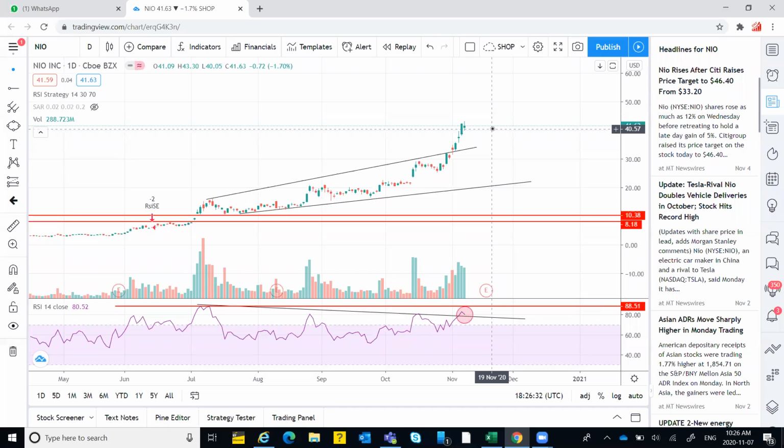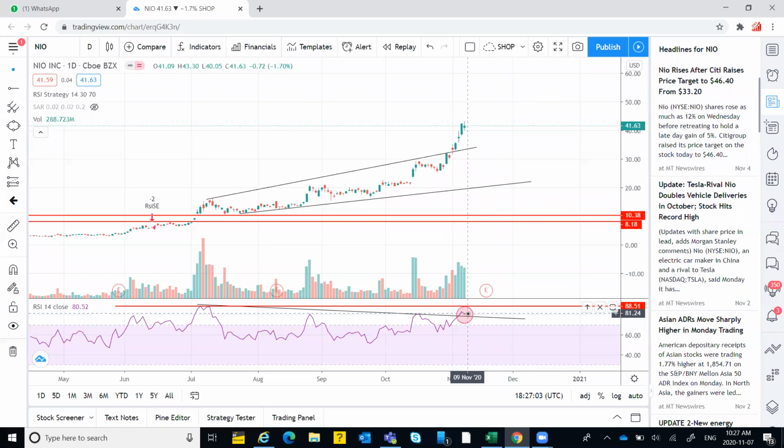But if you still want to take the risk, do so by using a stop loss and watching it very, very closely, because the next level is 46. So you can have maybe a 10% gain at this point of time. Maximum I would say 10%, reaching towards 45, 46 as the other analysts are predicting.